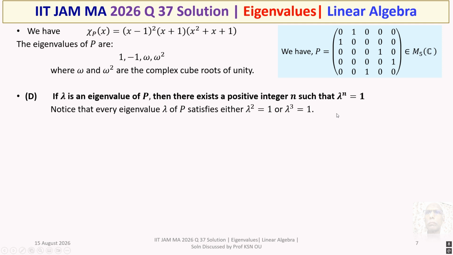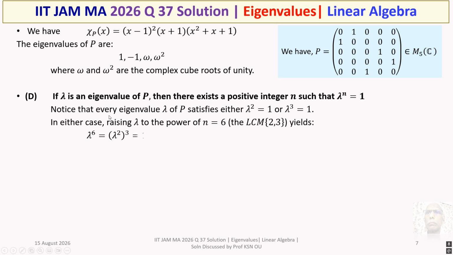So, in either case, raising lambda to the power of n equal to 6, which is the LCM of 2 and 3, yields lambda power 6 is lambda square whole cube is equal to 1 cube is equal to 1, or lambda power 6 is equal to lambda cube whole square, that's equal to 1 square is equal to 1. In any case, we have obtained n is equal to 6.